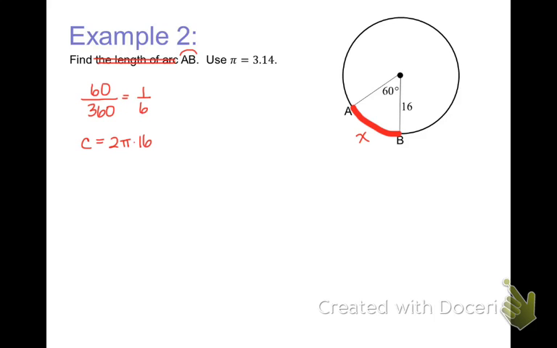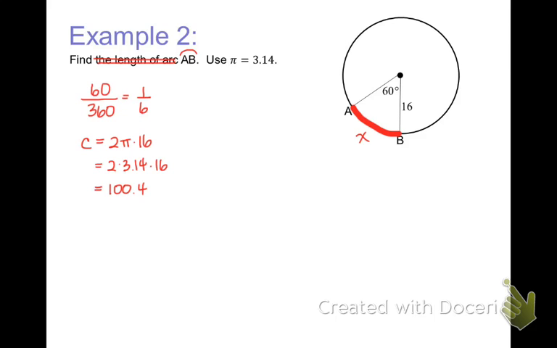Now follow your directions correctly. What should I be doing with that pi? Should I be leaving it with pi? Should I be using an approximation? Right, so when I calculate this, I'm going to calculate it as 2 times 3.14 times 16. What is that?